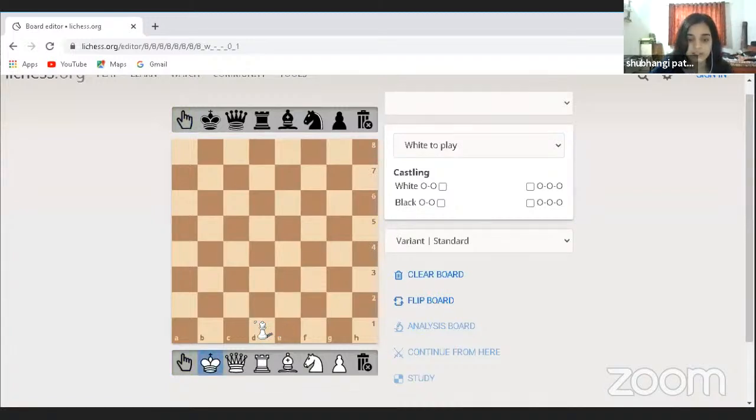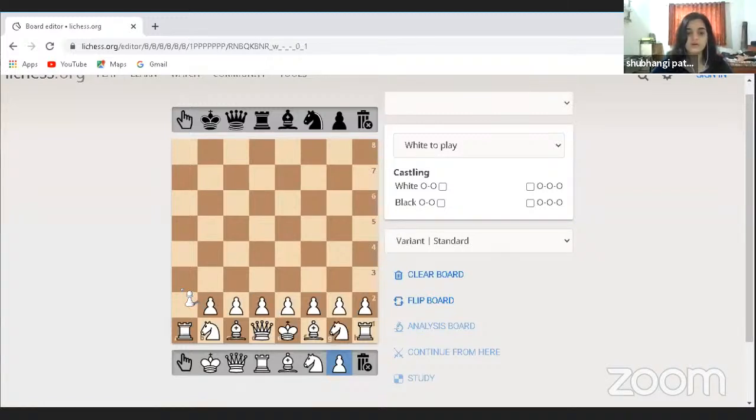Okay, so let me arrange the pieces. Okay, so now we can see that the pieces are arranged.